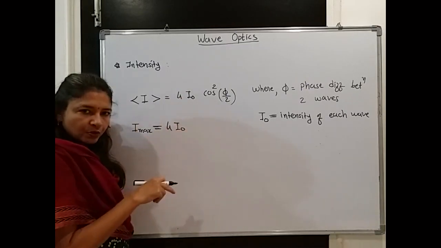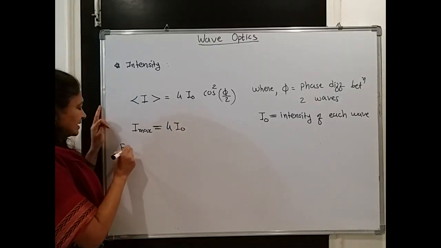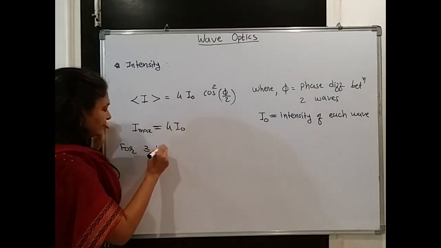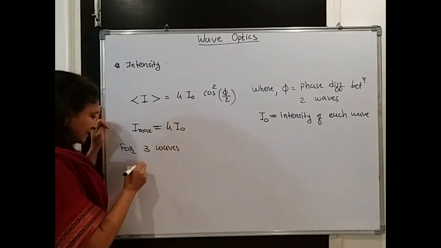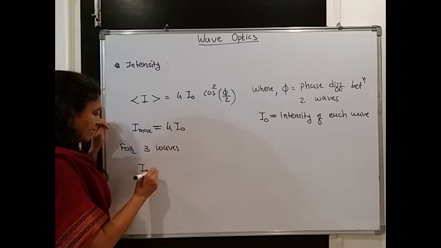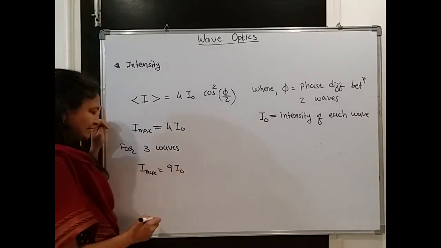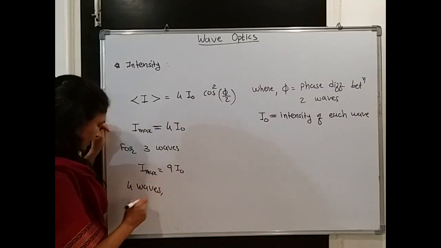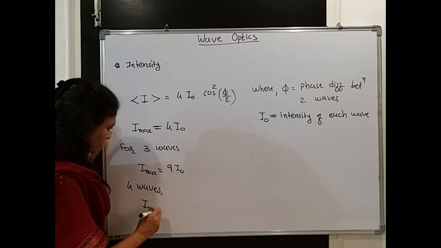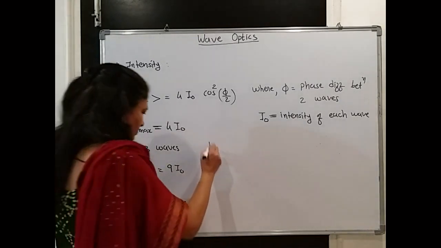Now, instead of two waves, when three waves, each of them having intensity I0, superpose, then I maximum will be 9 times I0. For four waves, I maximum is equal to 16 times I0.